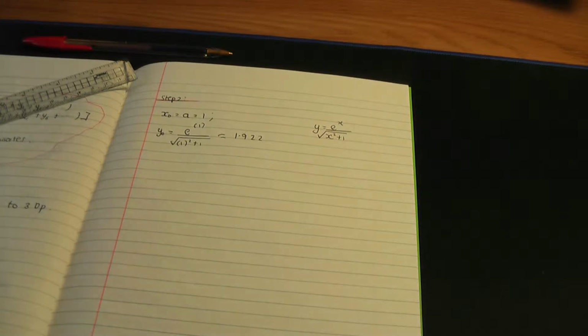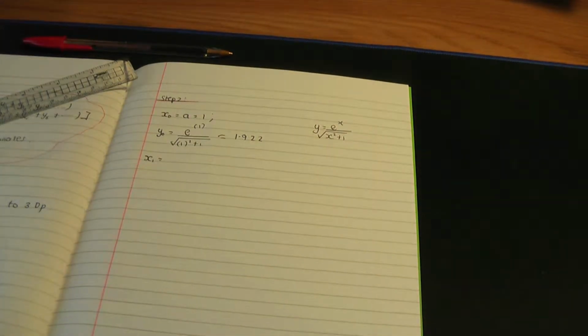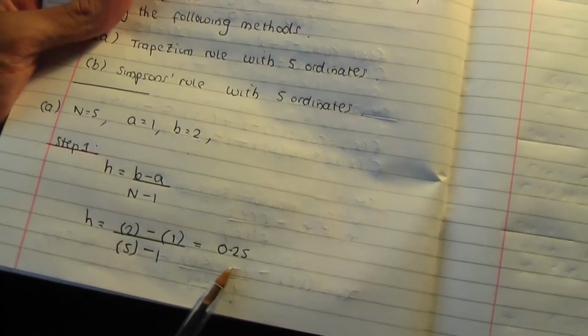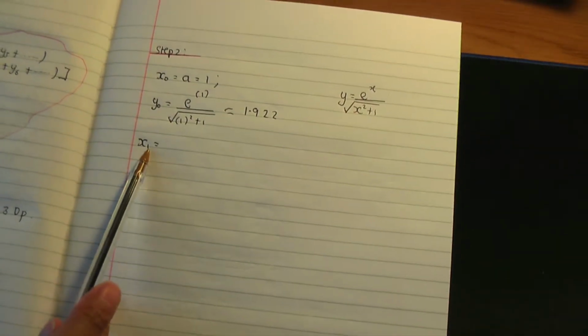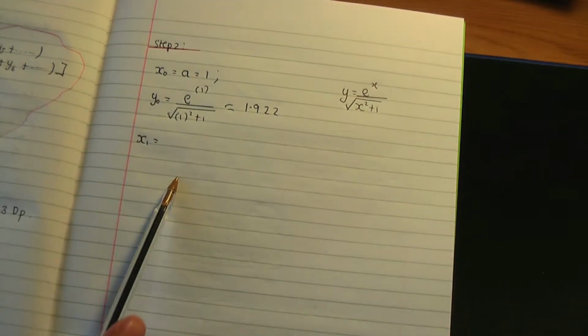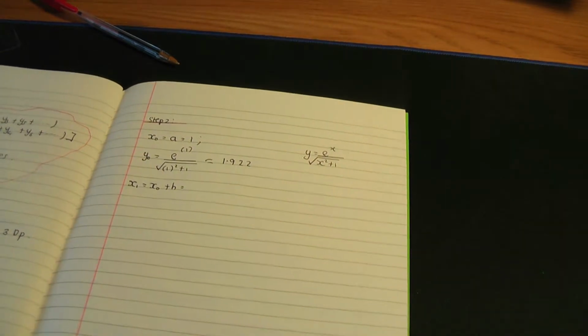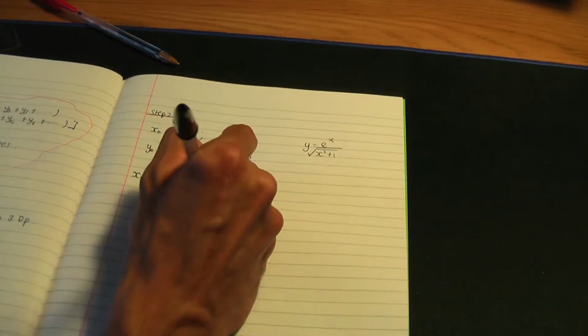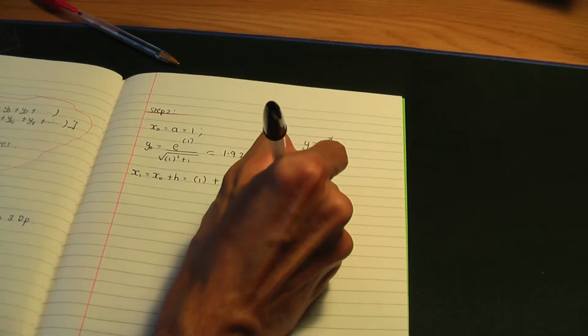Now, let's calculate the remaining x values. The next x value is x1. If you remember in the previous video, each of the trapezia has equal width. So if the width h is 0.25, x1 will be the previous x value plus h. So x1 is x0, which is 1, plus h, 0.25, giving us 1.25.